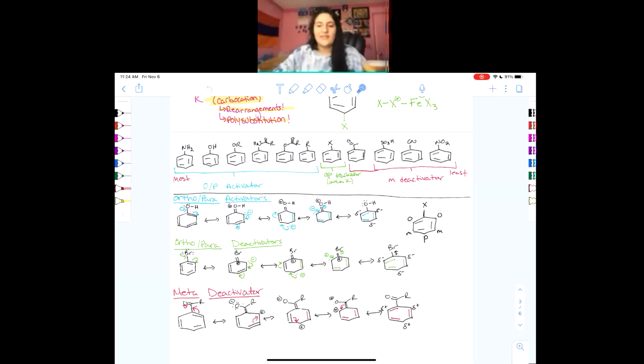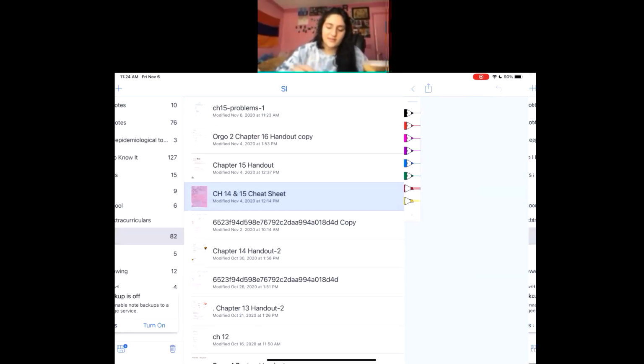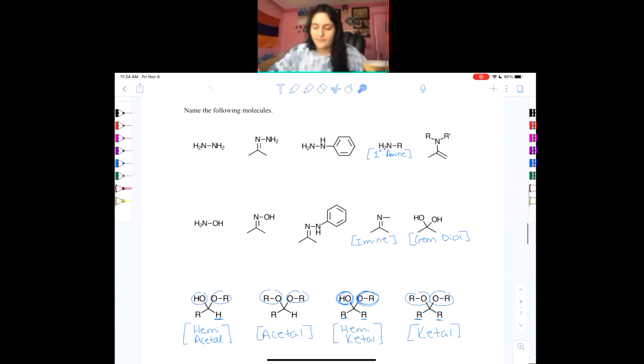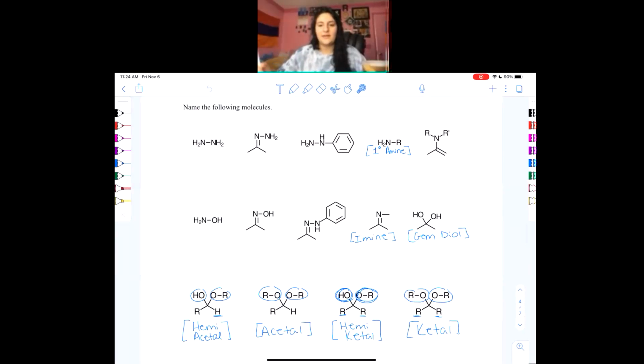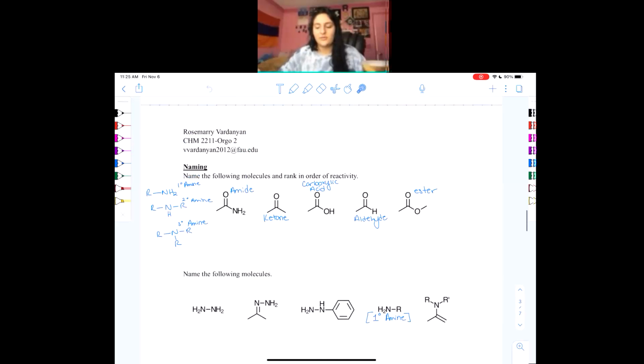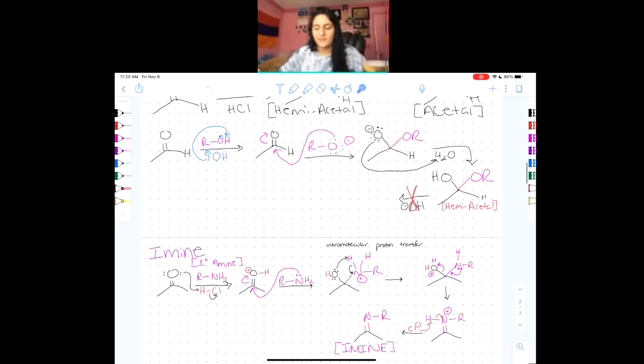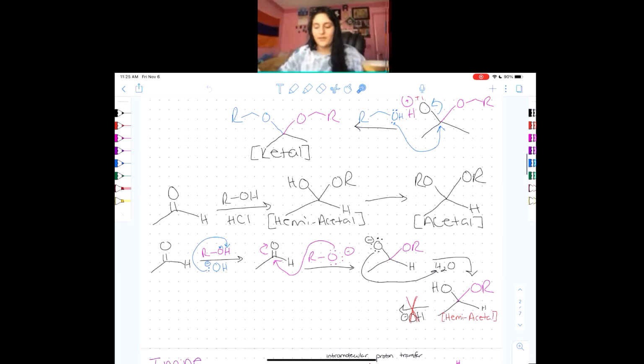And then for chapter 16, there's a lot of conceptual stuff, and I'll point it out as we go along, but know how to name these molecules that we talked about, and understand a few concepts that go along with the reaction mechanisms.